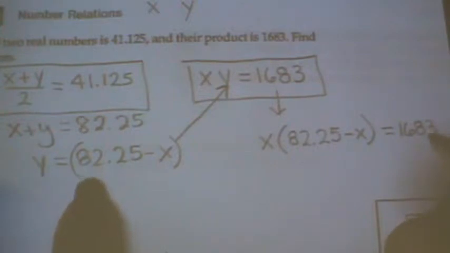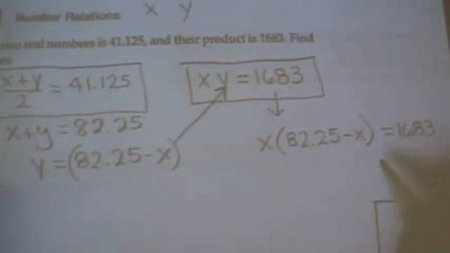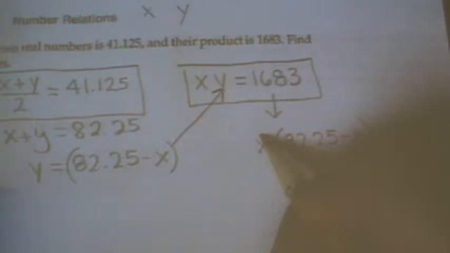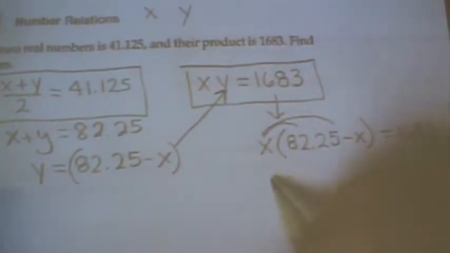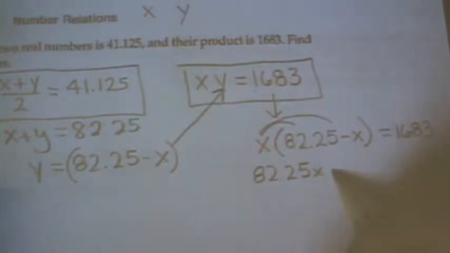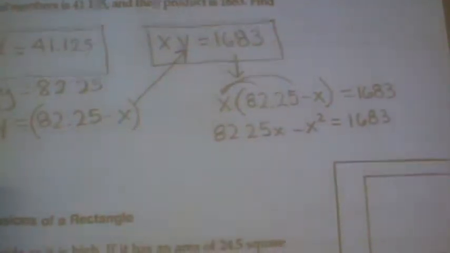What you're doing is substitution. Okay? Now, when you type this in your calculator, for some reason on the Inspire it gives us an error message. But if we were to distribute this and write 82.25x minus x squared equals 1683, we could set this equal to 0 on our calculator like we did over the last few days and solve this.